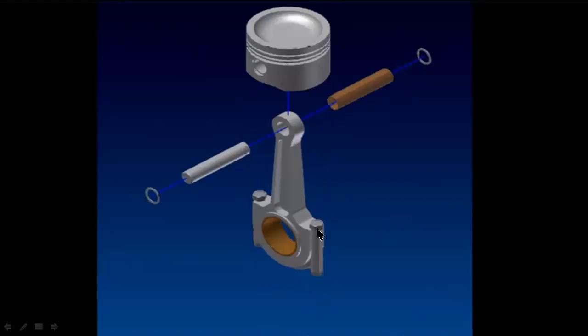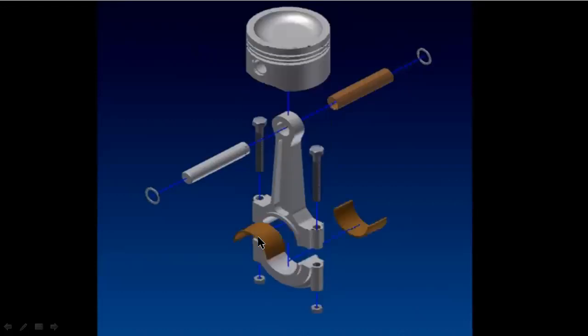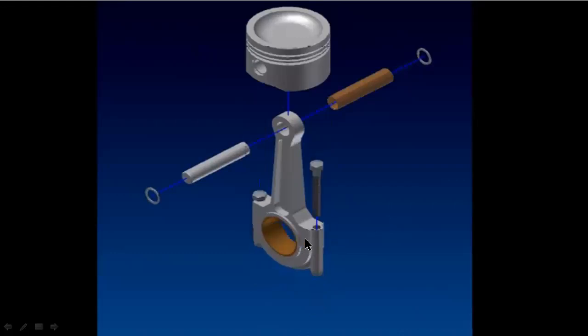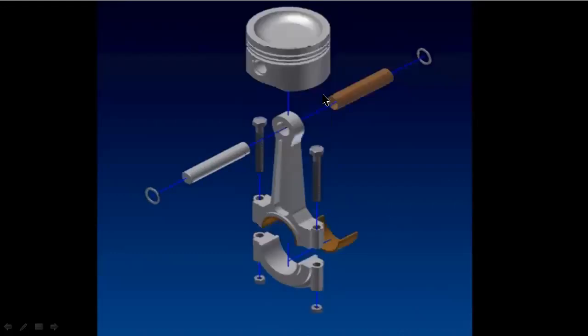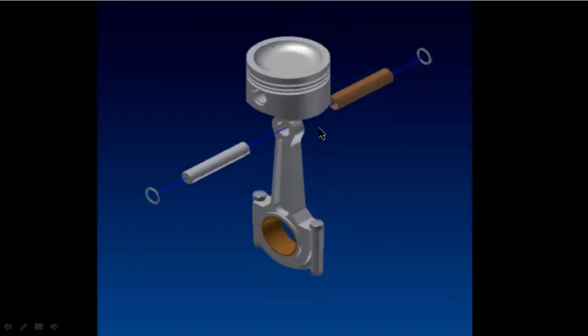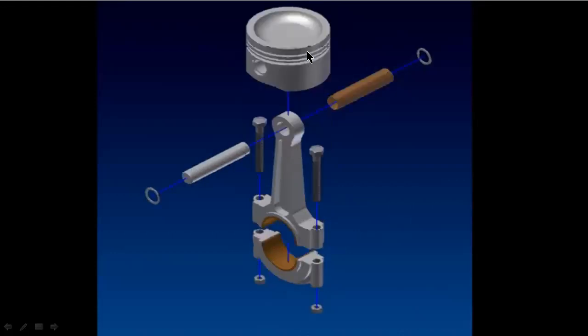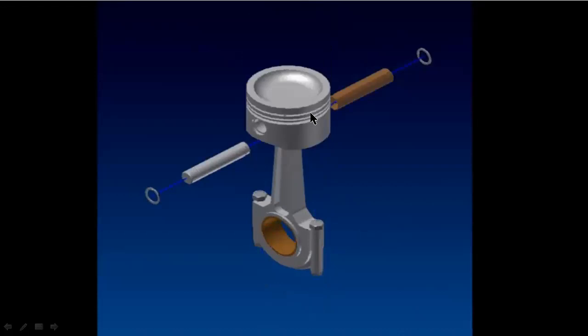These two bolts are used to connect the two halves of the big end. Here you can observe these grooves are oil grooves or compression grooves.